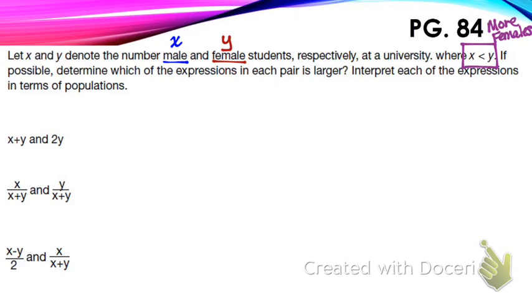Okay, so question right here, when you say number of males, what does that tell you about this situation? Combining males and females. Why would you add the number of males and number of females together? See how many males there are. That next one. But what operation is happening between the 2 and the y?